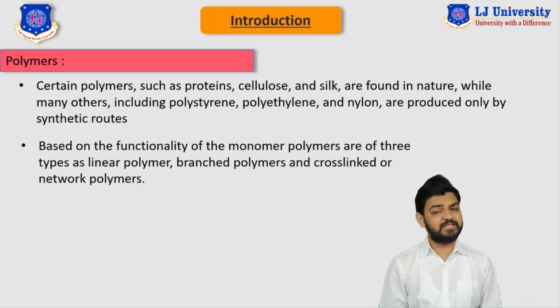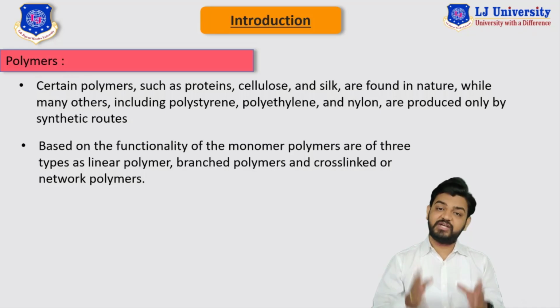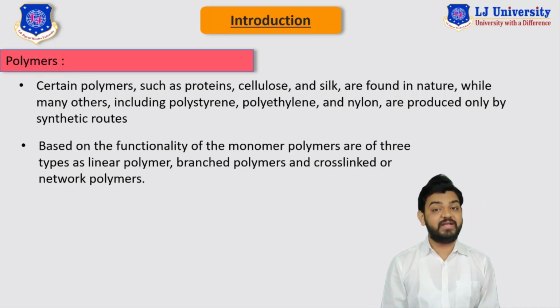You can see on the screen that based on the functionality of the monomer, we can differentiate polymers into three categories: linear polymer, branched polymer and cross-linked polymers.